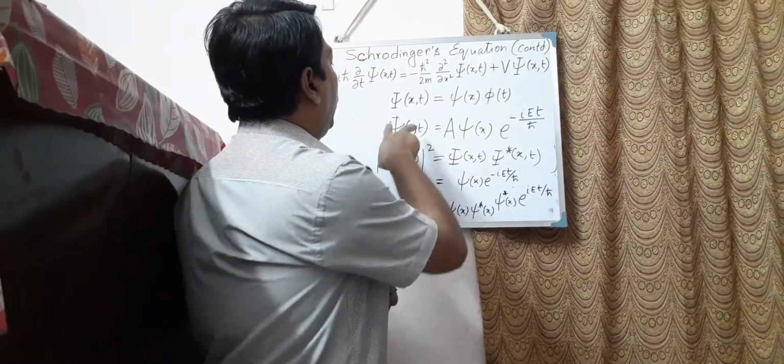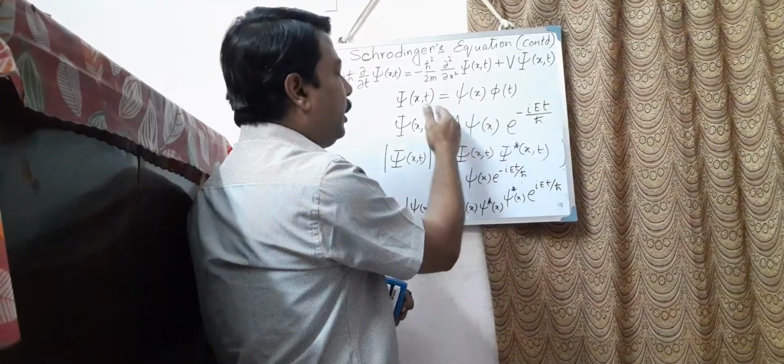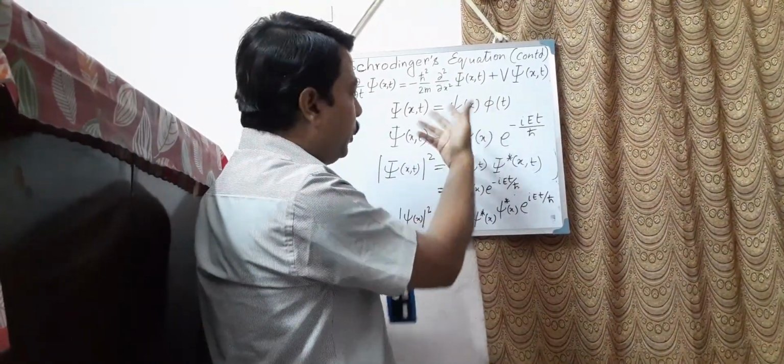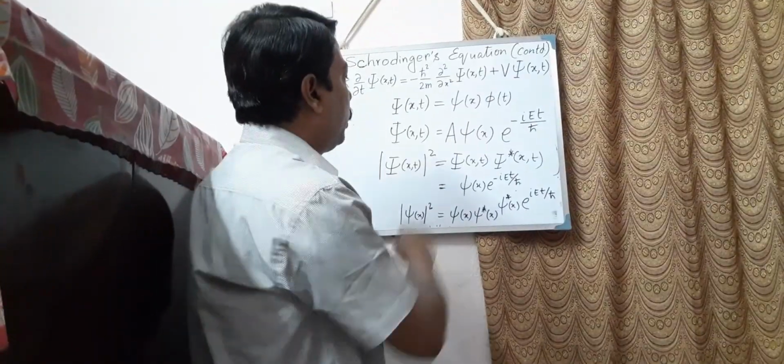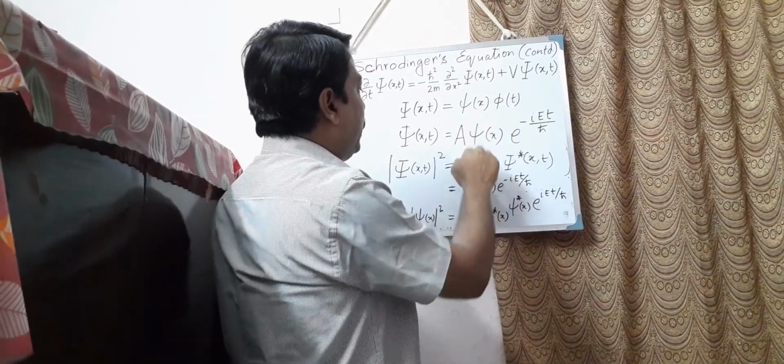So if this capital psi x t is your psi x into e to the power minus i E t by h cut, of course there can be some constant which we will evaluate from the normalization condition. This is the normalization constant. So let us assume that the constant is taken inside psi x.